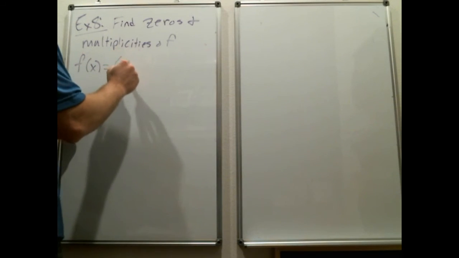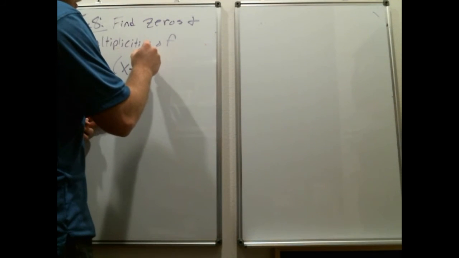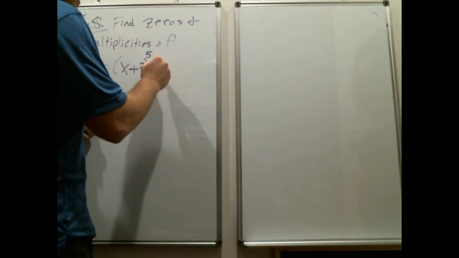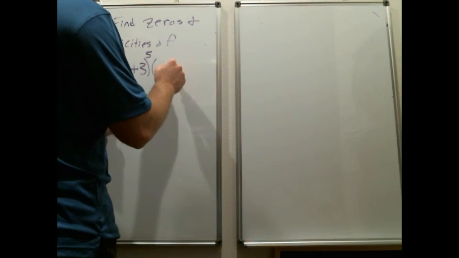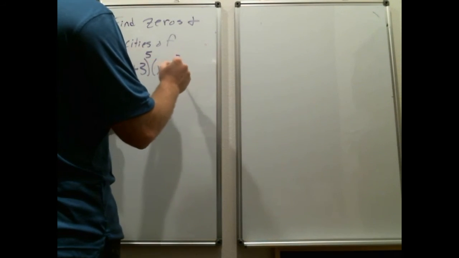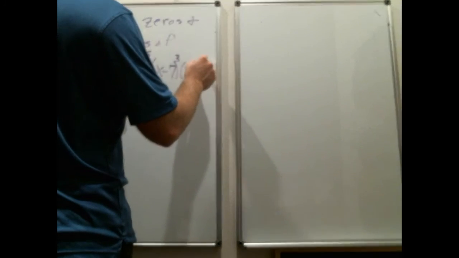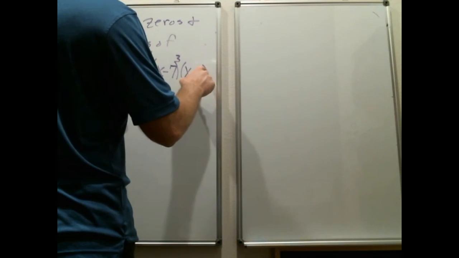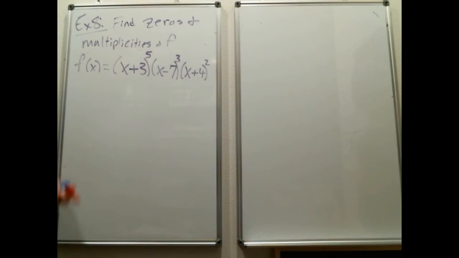So let's say you have x plus 3 to the 5th power times x minus 7 cubed times x plus 4 squared. So here I already gave you something factored out, and this is just to hammer home the meaning of multiplicity.